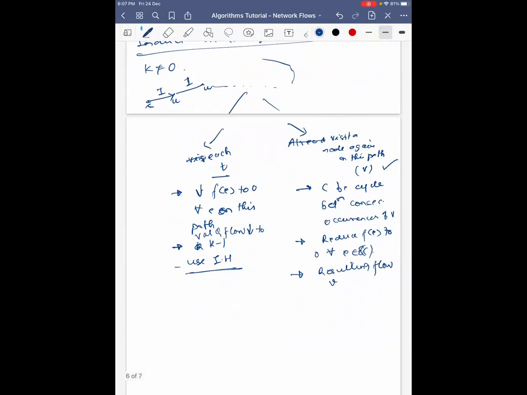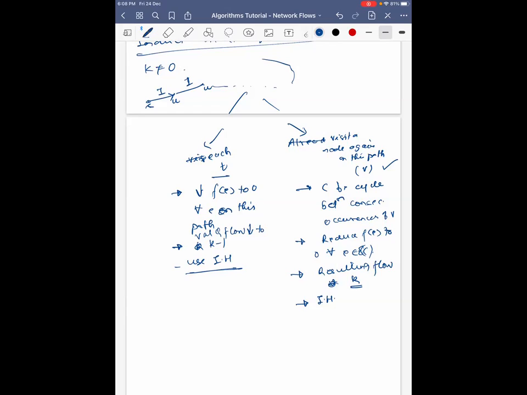So we're not inducing on K, we're inducting on the number of edges carrying the flow. The resulting flow remains K, so by the induction hypothesis, you get your K edge disjoint paths in G.